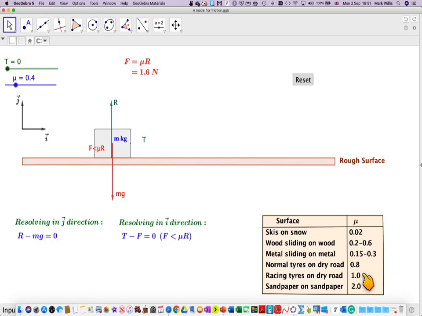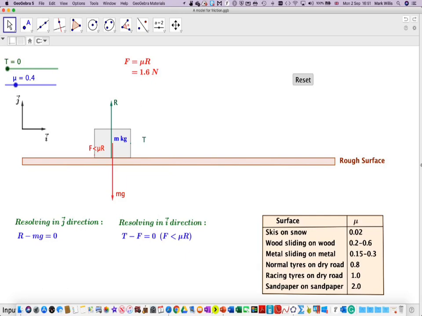Normal tyres on a dry road about 0.8. Racing tyres about 1. And sandpaper on sandpaper would be about 2. If you just try some of those things for yourselves, wood on wood, metal on metal, and sandpaper on sandpaper, you can imagine the friction.